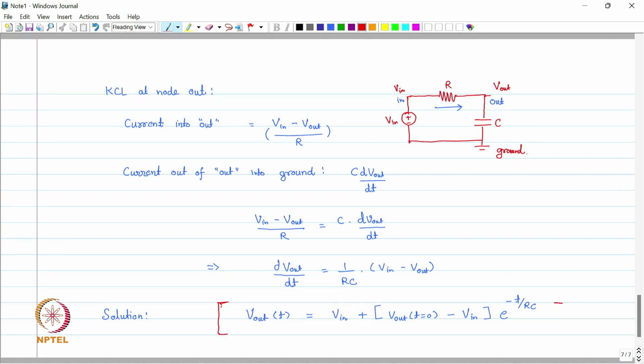This is the solution of this equation, and we can see now the output voltage here, which is a function of time. This is an exponentially rising equation where e is to the power of minus t upon RC. So we can further rearrange it.